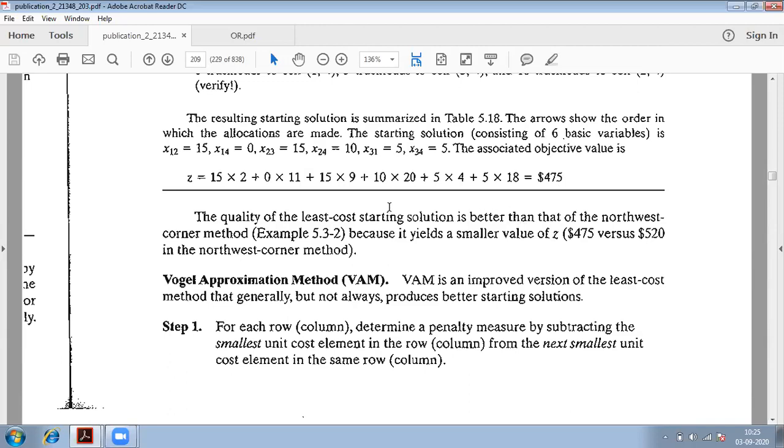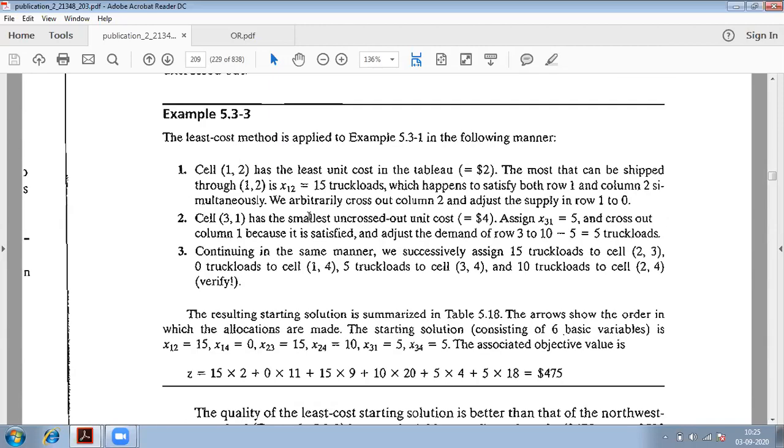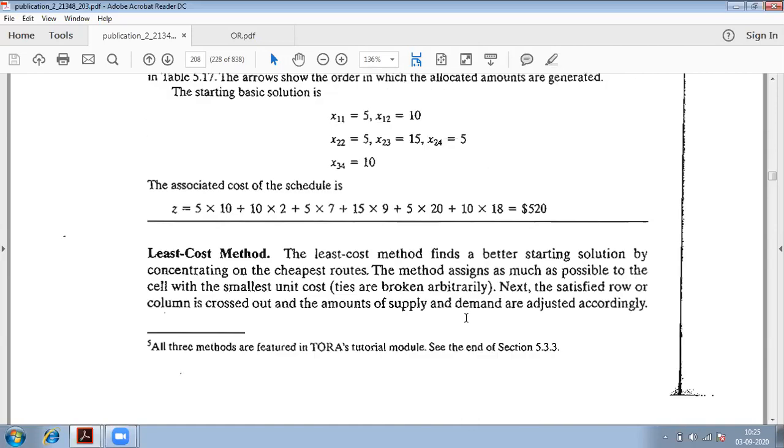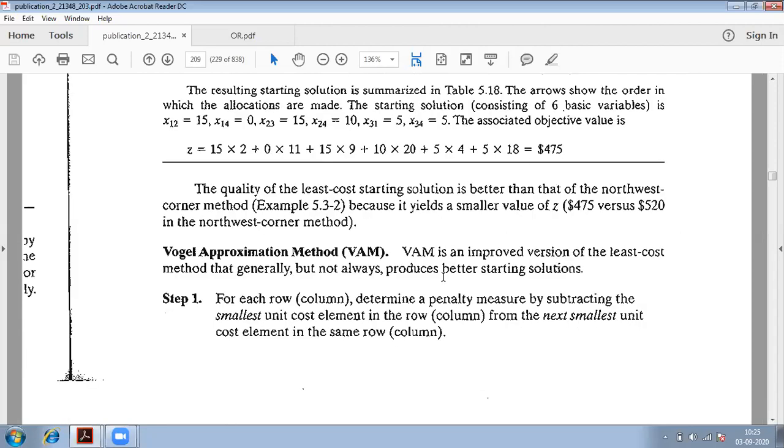This is becoming lesser compared to the previous case. Then you have to suggest that least cost method is the best transportation to minimize the cost. Our intention is to minimize the cost of transportation. Hence, you have to calculate cost of transportation in each and every method. In the first case, it is $520 Northwest corner rule. In the second case, it is $475.